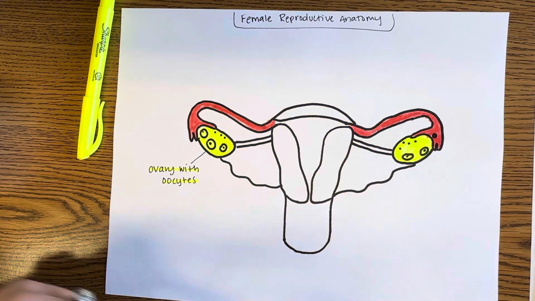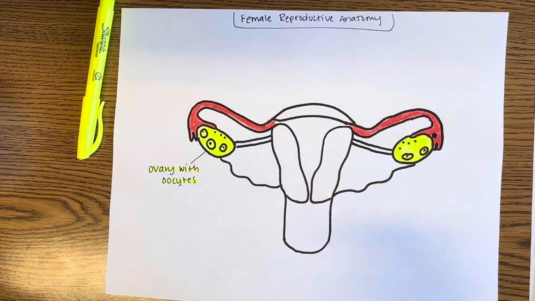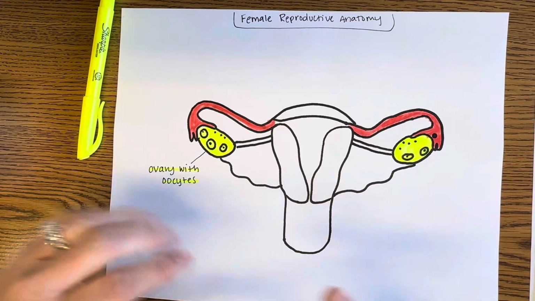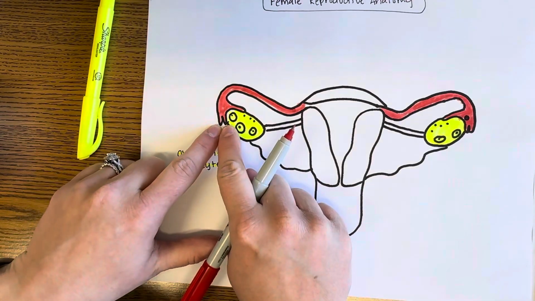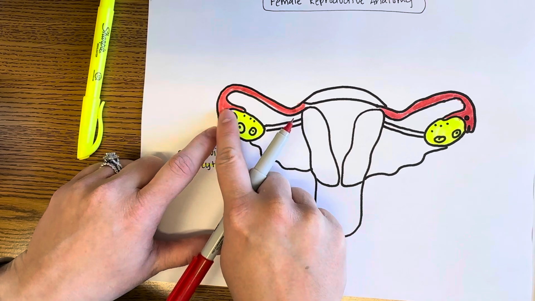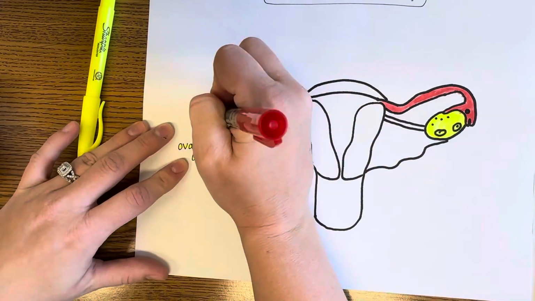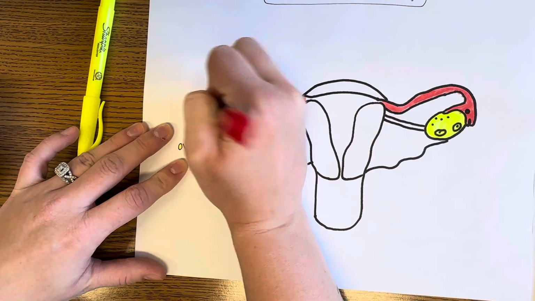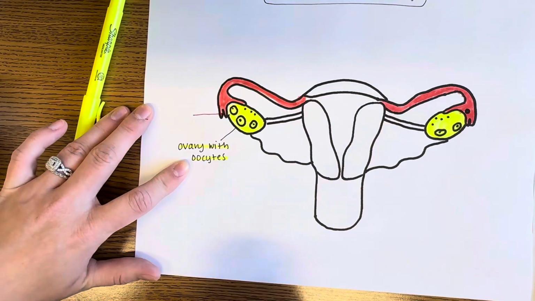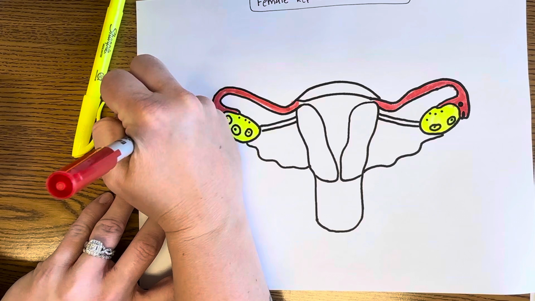Okay, so there's a couple of different parts to this tube that we are going to talk about. The first, do you see these little fingers that are kind of almost going around the ovary? These, so I'm going to put a little dot on one of those little fingers. These are called fimbriae.